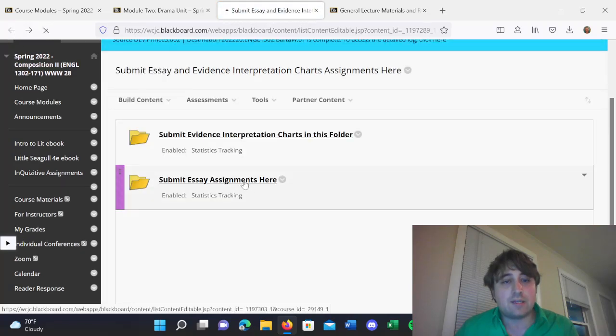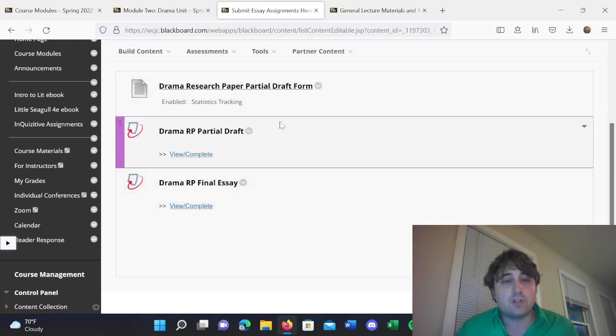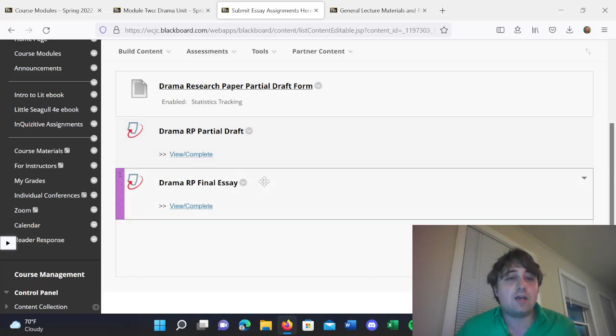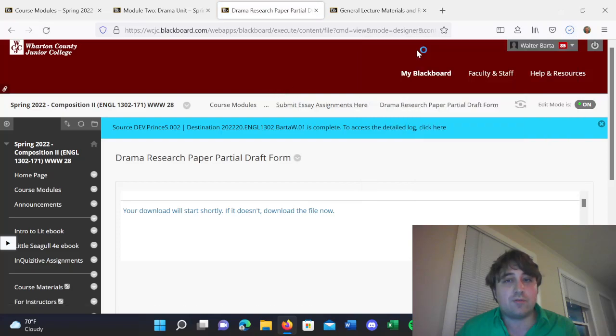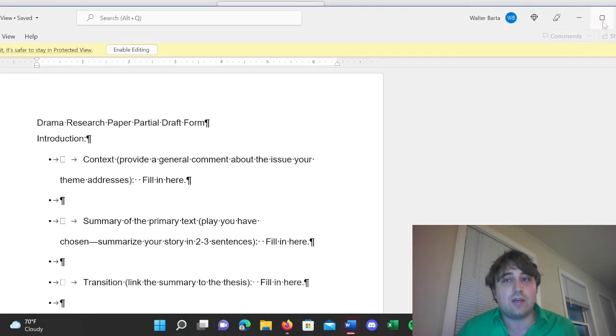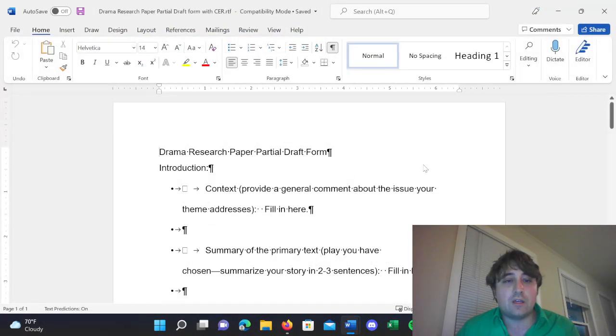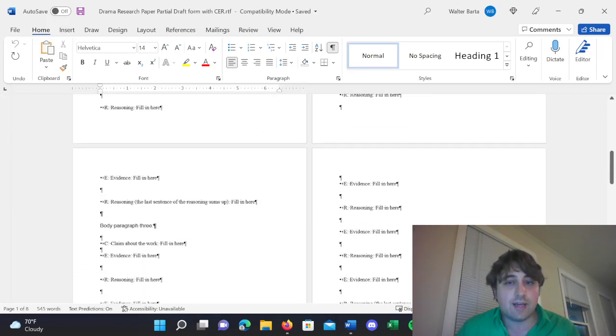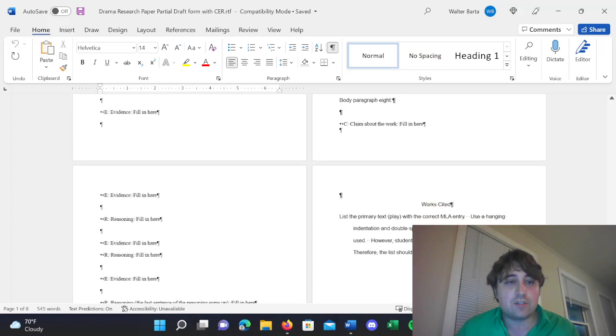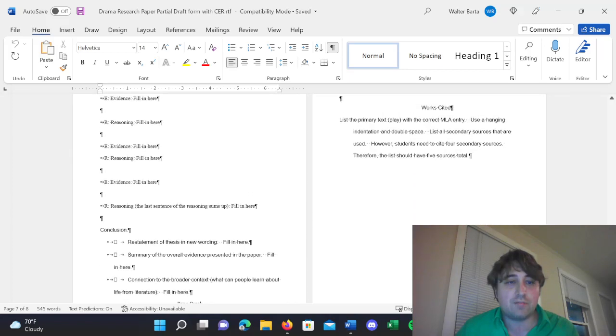Then there's a Submit Essay Assignments here folder. So here we have the partial draft form, and here we have the place where you'll submit the partial draft. And here we have the final essay submission link. So clicking on the partial draft form, we can look at what we want the partial draft to look like. So this is essentially an outline that tells you everything that your partial draft should cover.